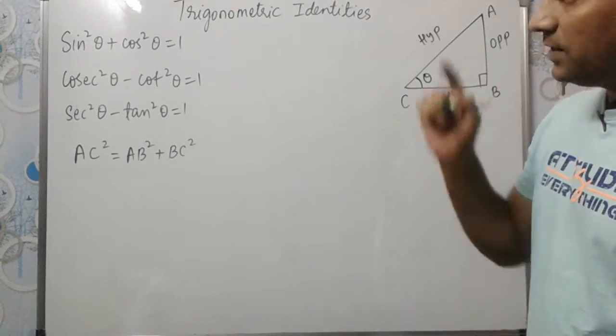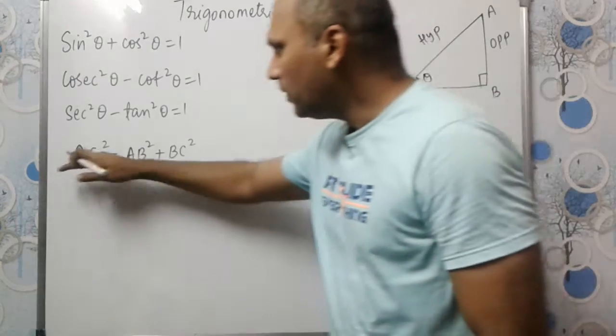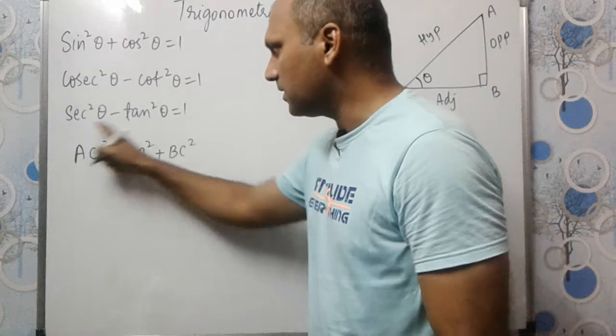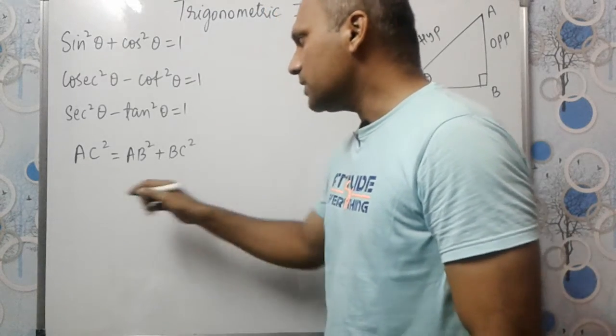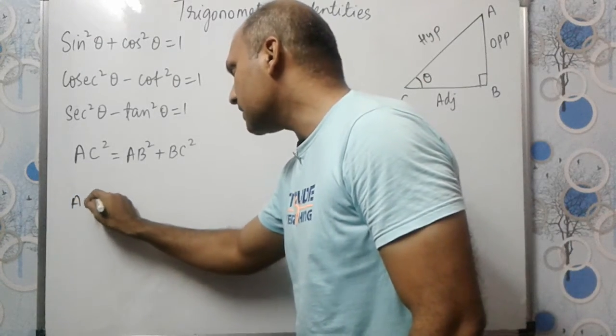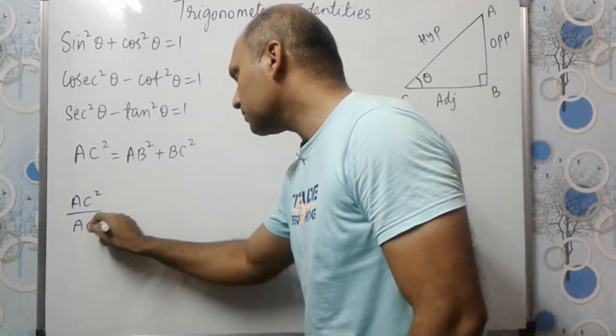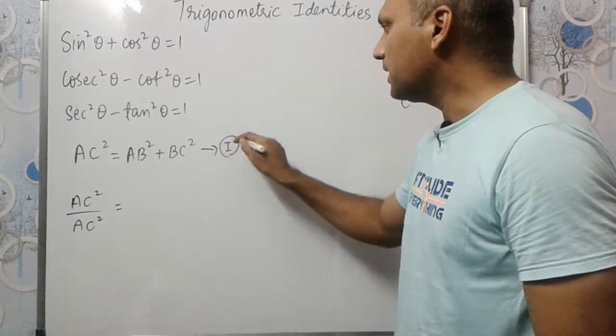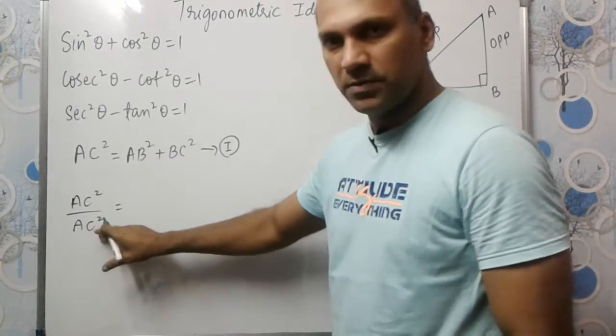To derive the first identity, we'll divide both sides by AC square. Let this be equation 1. Let us take equation 1 and divide both sides by AC square.